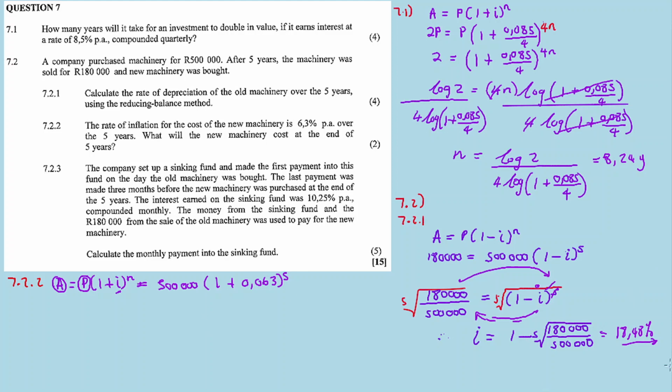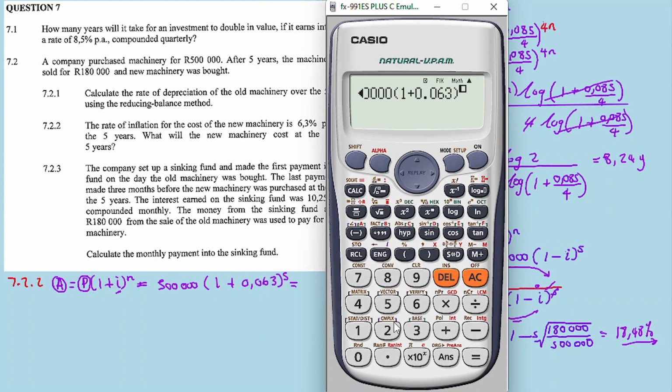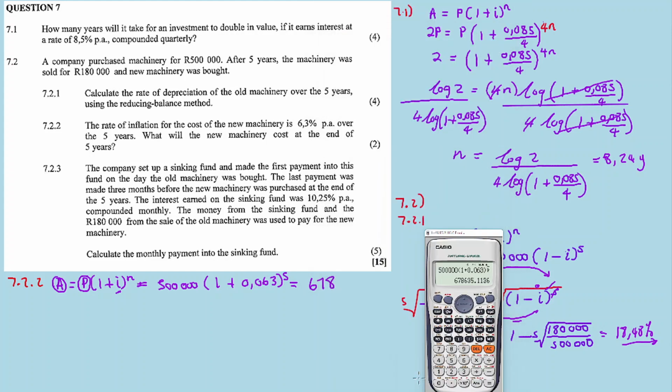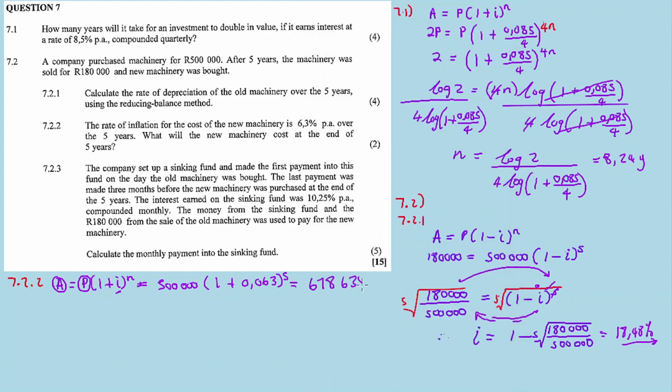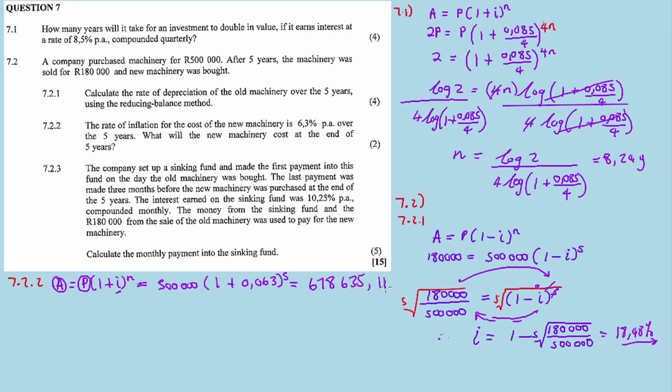Our answer is equal to 500,000 times 1 plus 0.063, close bracket, raised to exponent 5. This is equal to 678,635.11 rand. So after 5 years the machine will cost this much.